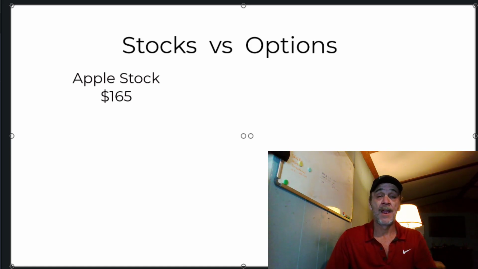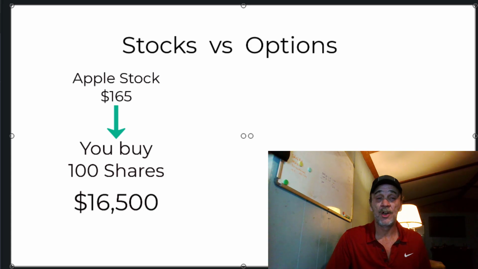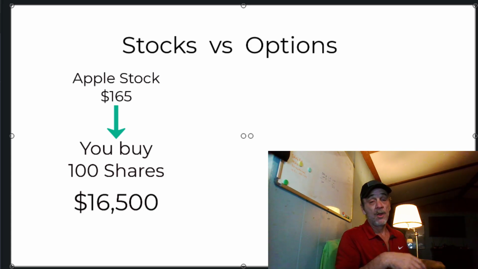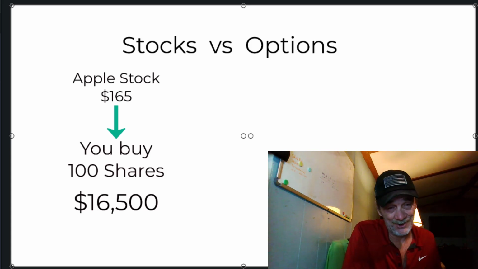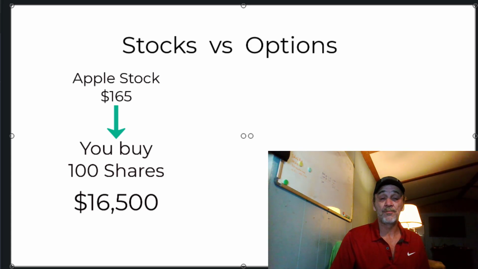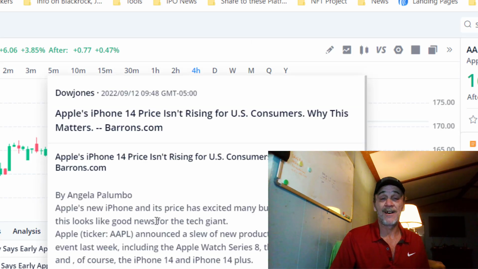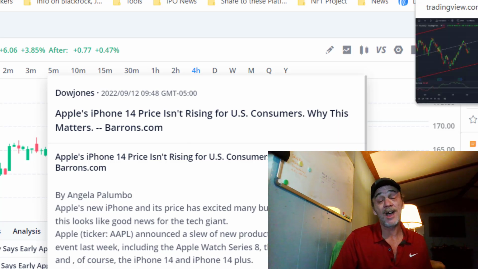And in order for me to buy 100 shares of Apple at 165 is going to cost me $16,500. And I'm not willing to bet that just because Apple had some good news about their iPhones not going up, I'm not willing to wager $16,000 that the stock would go up.